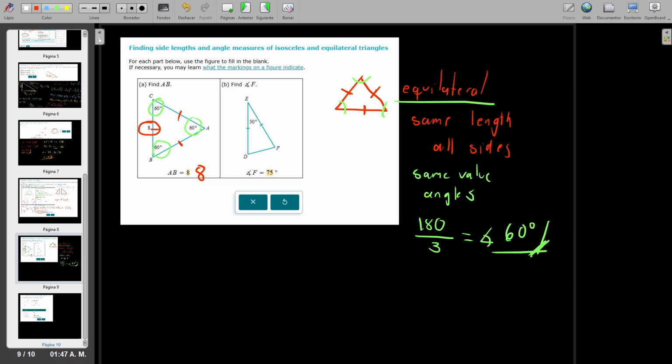Okay? Now, with the isosceles triangle, it has a triangle with two sides of the same length, which means that the angle, in this case, this one is 30, okay? There is 30 degrees.